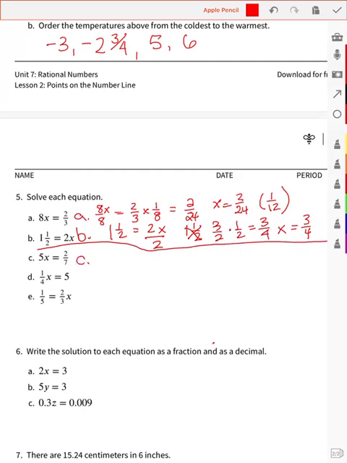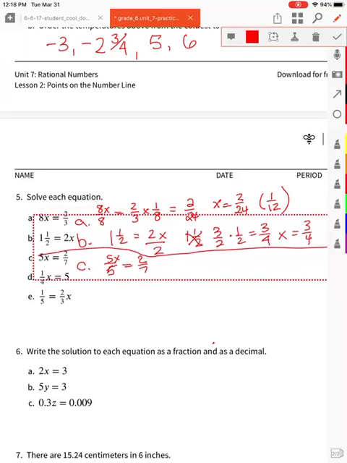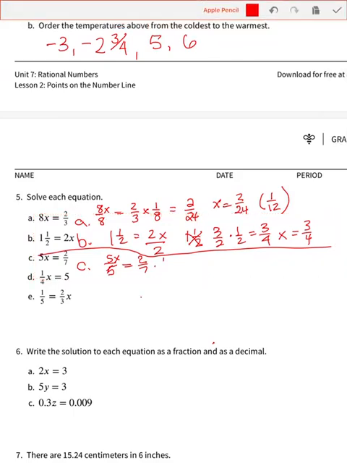Then we have C, 5x divided by 5 is equal to 2/7. So that's the same as multiplying by 1/5. So we get 2/35.